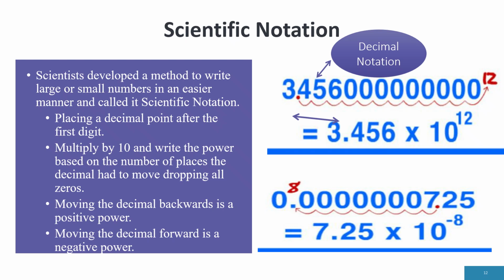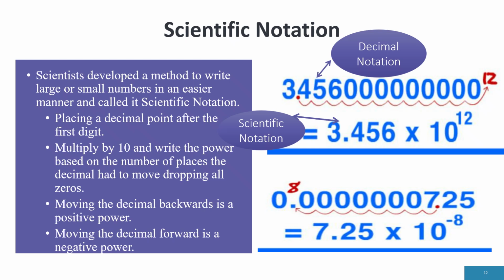We move the decimal to only one spot, after the first digit, and then we multiply times 10 to the power of how many times that decimal had to move to the end. So 3.456 times 10 to the power of 12, because it's a large number.